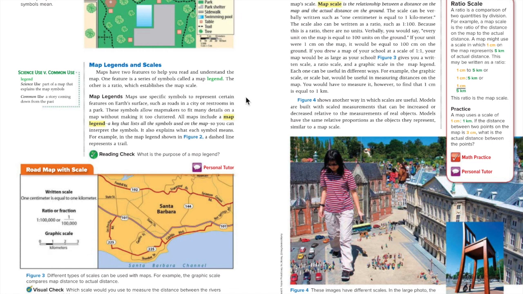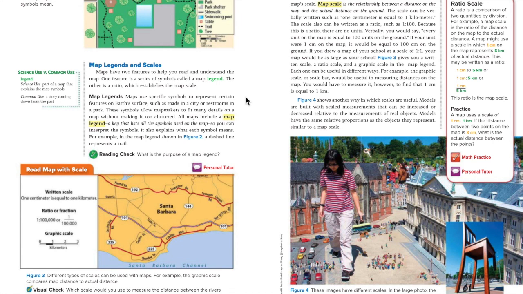So map legends use specific symbols to represent certain features on Earth's surface, such as roads in a city or restrooms in a park. These symbols allow map makers to fit many details on a map without making it too cluttered.